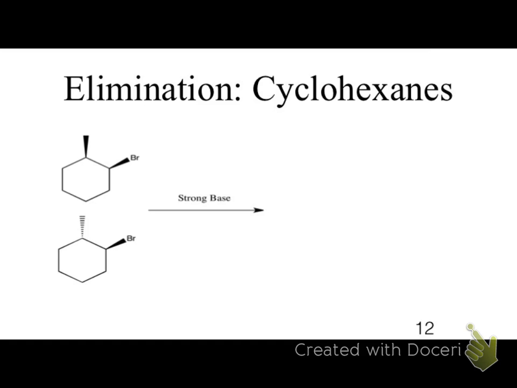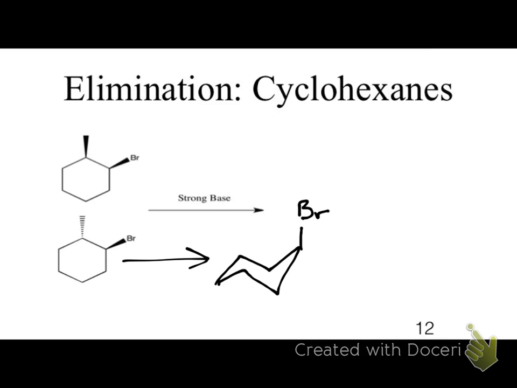So here we go. I'm going to draw that out so we can see it a little bit better. We're going to look at the Newman projection for this guy here. Actually, we'll look at a chair first. So if I draw out a chair, that's not a bad-looking chair. We'll pick our bromine to be wedged. So there's our bromine, axial going up.